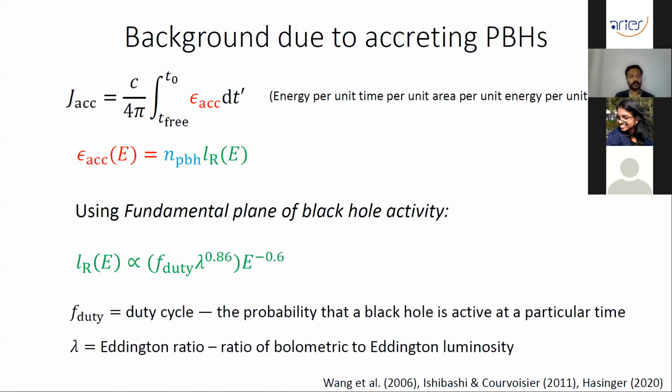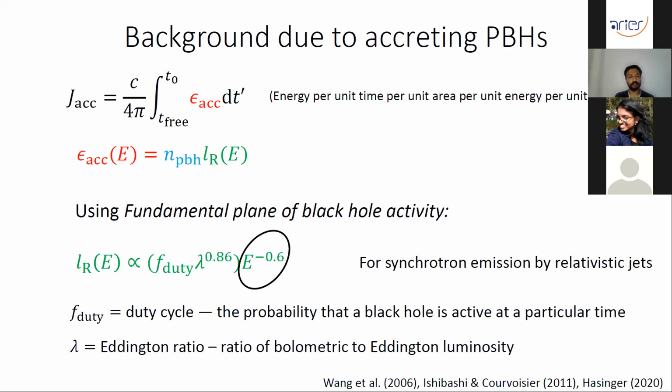This is because usually we are not very clear about the mechanism of these jets, so empirical relations are used, and there are some uncertain parameters over here which I have labeled as F_duty and lambda, where F_duty is the duty ratio, giving us the probability for the black hole to be effectively accreting at a particular time, and lambda is the Eddington ratio.